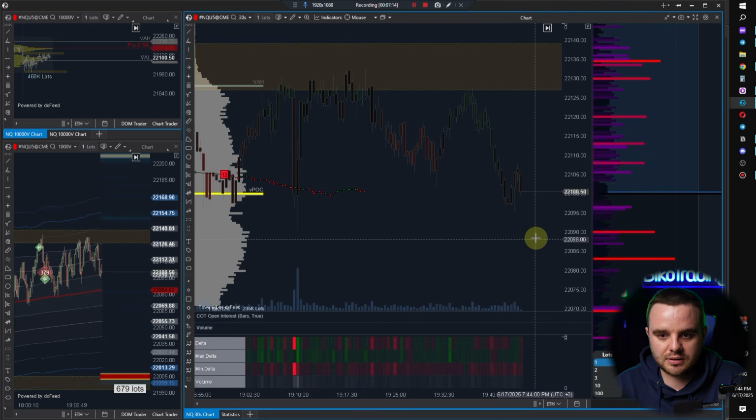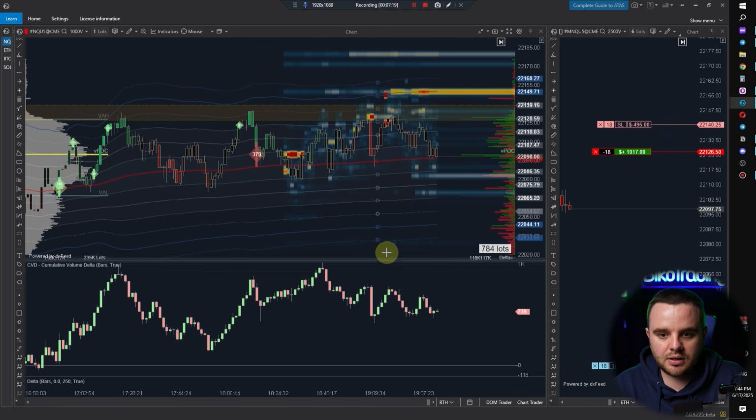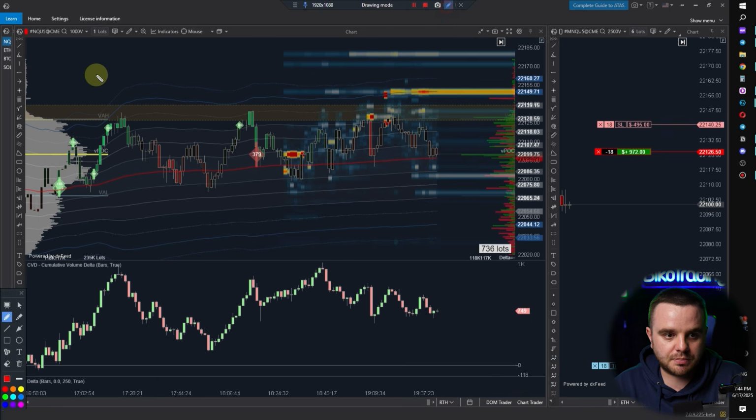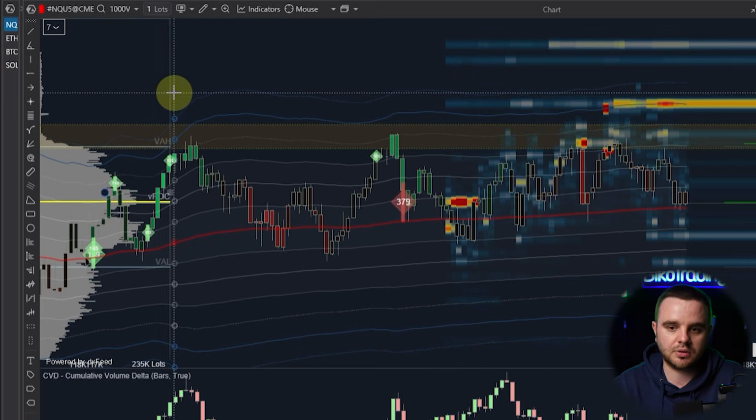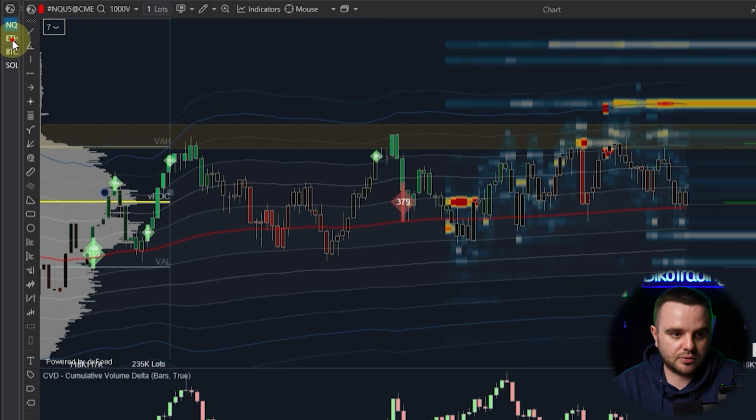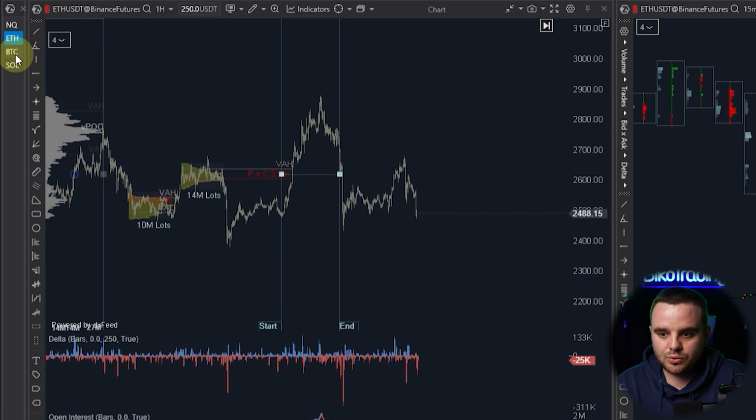Let's go to another screen. It is this one. Here you can see I have the first part. It is layouts because, as you know, I also trade crypto. I trade crypto futures and Nasdaq futures. And I also have a ready template for other coins such as Ethereum, Bitcoin.